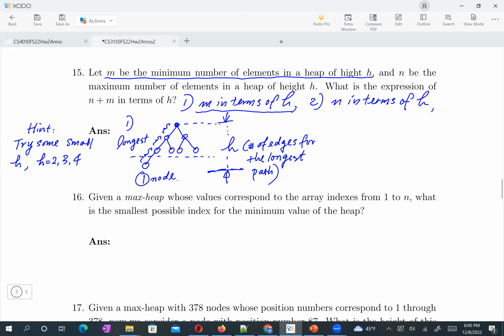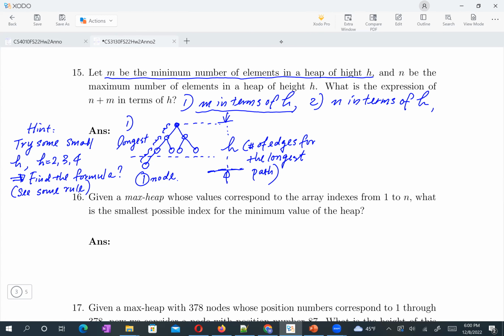With these examples, can you find the formula? I think you can see the rule easily after you see those numbers.